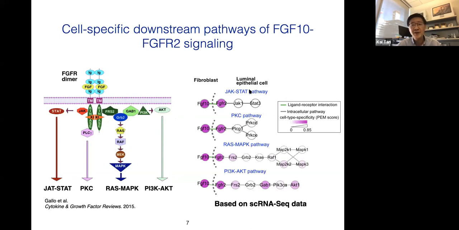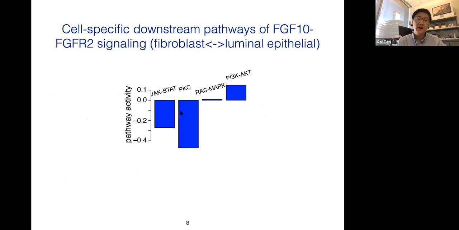For this particular cell type pair, you can see mostly it is the PI3 kinase AKT pathway that is active in these 2 types of cells. This is further quantified in these bar plots. You can see this is the most active pathway here for this particular pair.